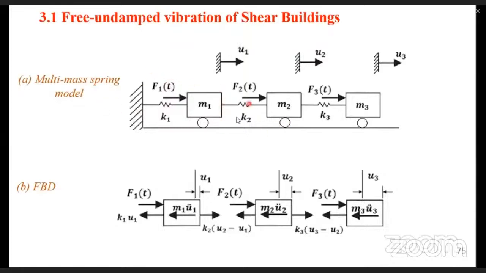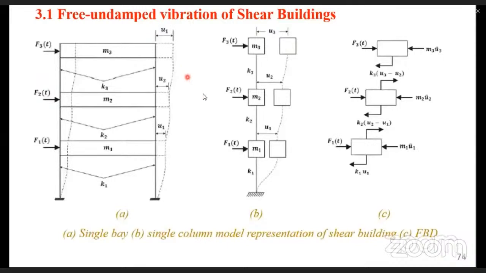So you can have, for multiple degrees of freedom, a multi-mass spring model. And you see now you need coordinates U1, U2, and U3, or X1, X2, X3, to describe the motion at each floor level. Remember, a single coordinate is not enough because the displacement of our structure, U1, is different from U2, and different from U3.